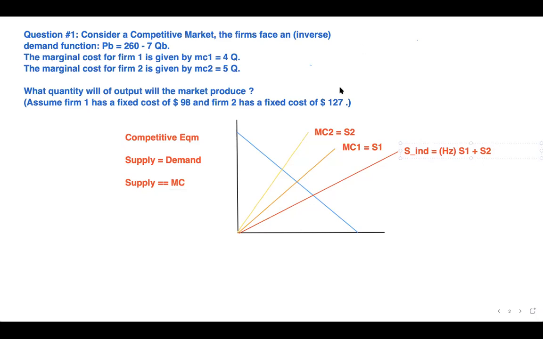Does that all make sense, or are you still confused? We have talked about this already in the context of the monopolist. By horizontal sum, I just mean at each price you add up the two quantities that the firms are going to supply independently.